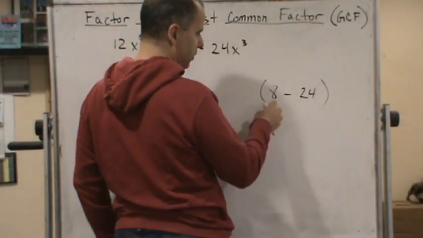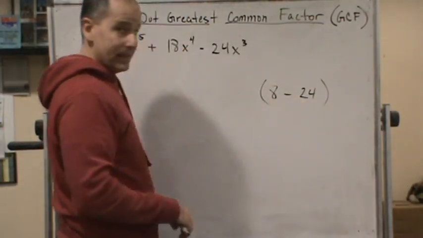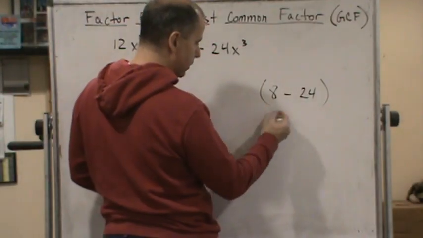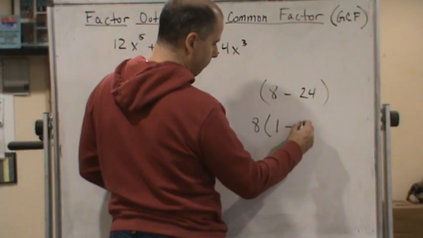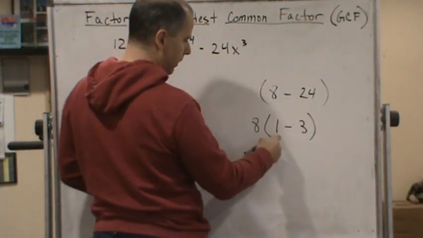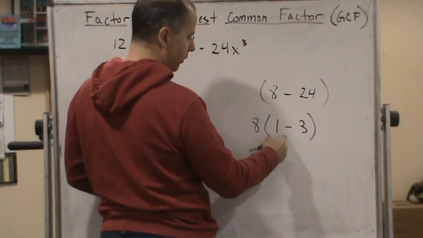So in this case, the largest number that will divide 8 and 24 is 8. And so we can rewrite this by factoring out the 8 and writing this as 1 minus 3, right? So 8 times the quantity 1 minus 3.